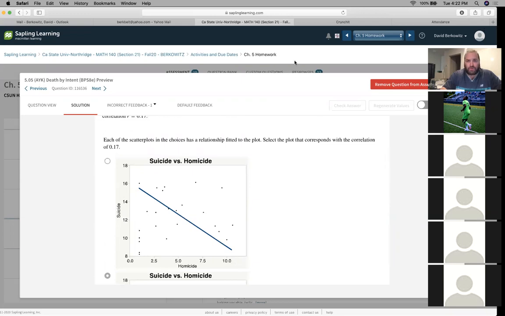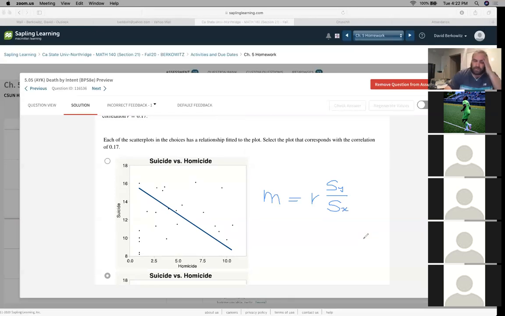So if you remember the formula for the slope of the best fit line, the slope is equal to R SY over SX, correct? Now, these are standard deviations, so they're always positive, which means if R is positive, then the slope has to be positive.